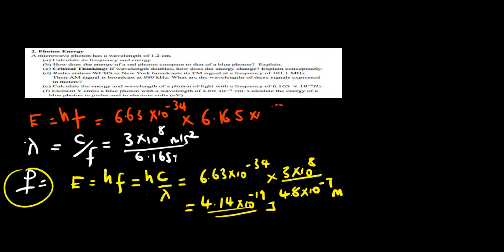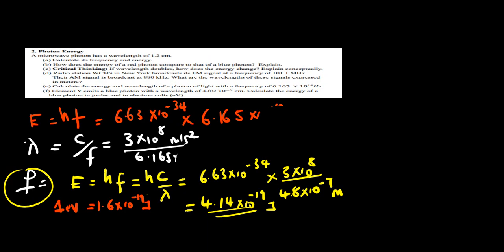Now the other question is, we have to find the energy in joules and in electron volts. How do we find the energy in electron volts? In electron volts, there is a conversion factor: 1 electron volt equals 1.6 times 10 to the power negative 19 joules.